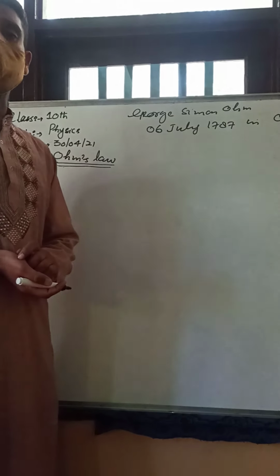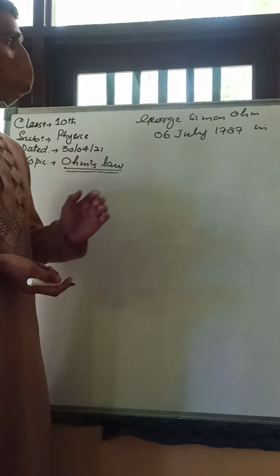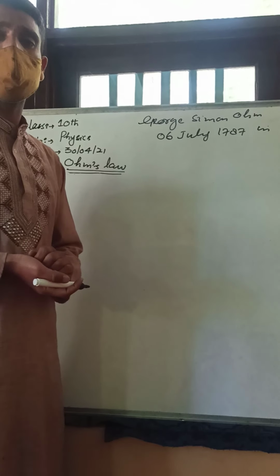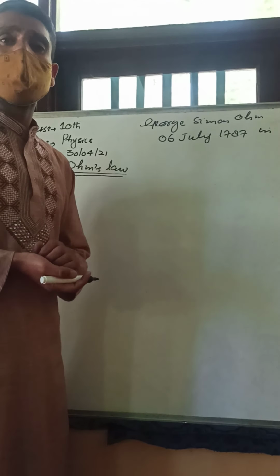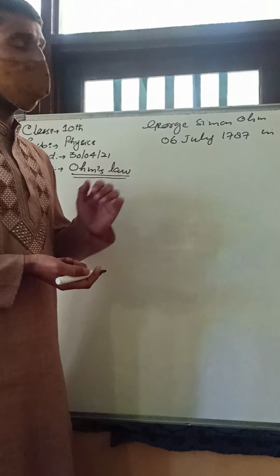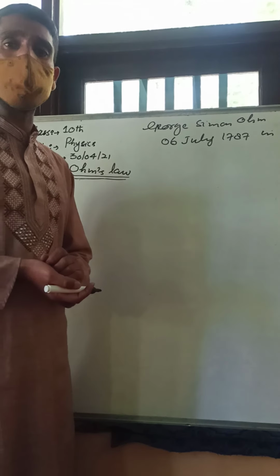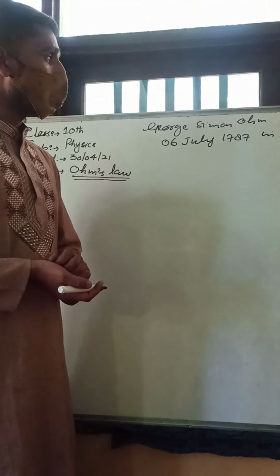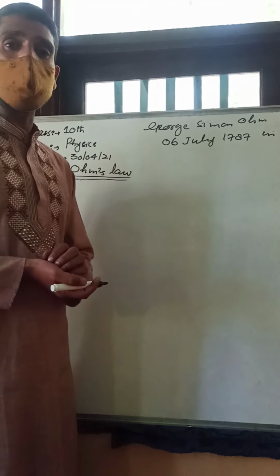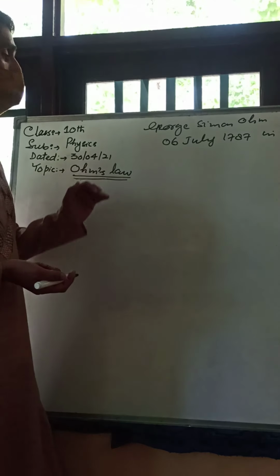After spending a huge time in receiving education in different schools, then in colleges, and lastly in universities, he became a very famous physicist because he gave one of the important laws in physics, which is called Ohm's law.